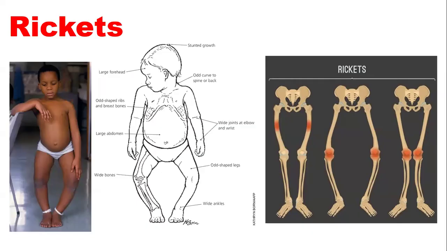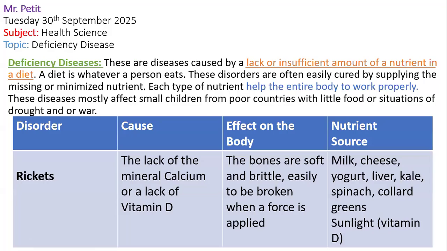Because the bones are not strong, okay? Because they lack the hardening agent, which is calcium. Calcium is really what makes it hard. So you're telling me people born with large foreheads is not natural? No, I'm not talking about all cases, but that could be a reason.